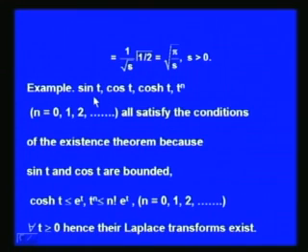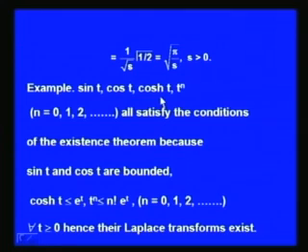Now, let us look at some of the functions which satisfy the conditions of the existence theorem. Take the functions f(t) equal to sin t and f(t) equal to cos t. We know that sin t and cos t are both bounded functions. Modulus of sin t and modulus of cos t are less than or equal to 1 for all values of t. So, they are both bounded functions for all t greater than or equal to 0 in particular.